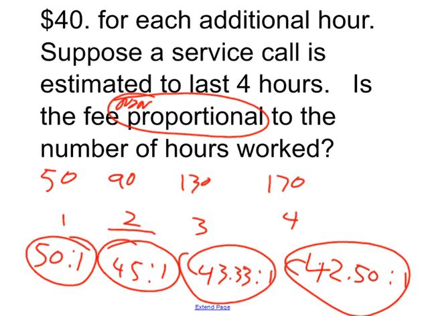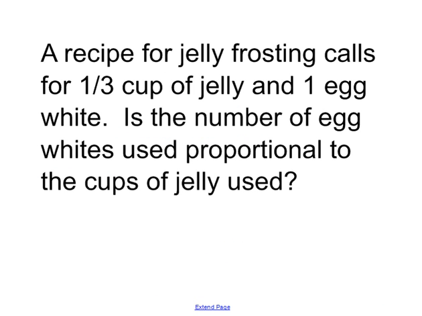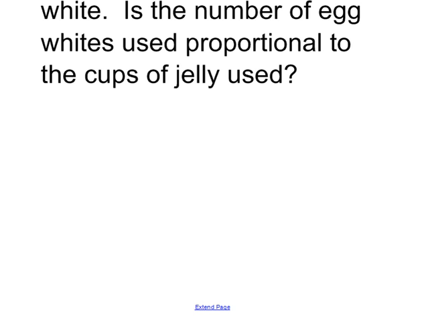All right, another problem to look at here. A recipe for jelly frosting calls for 1/3 of a cup of jelly and 1 egg white. Is the number of egg whites used proportional to the cups of jelly? I'm going to set up a little table here. 1/3 of a cup of jelly to 1 egg white.